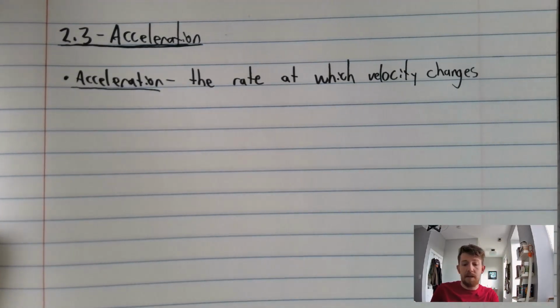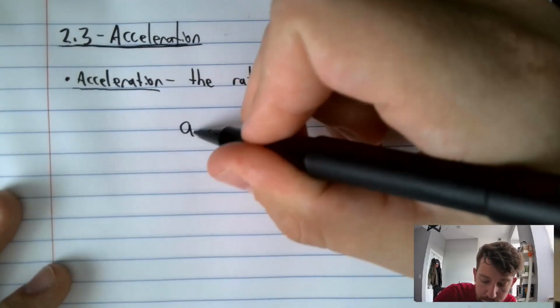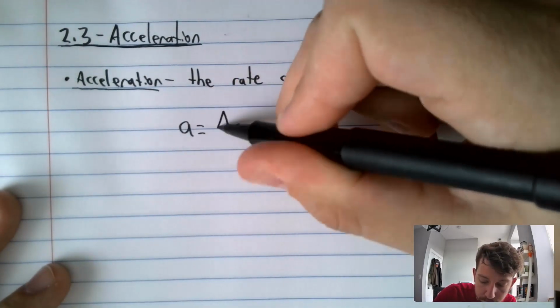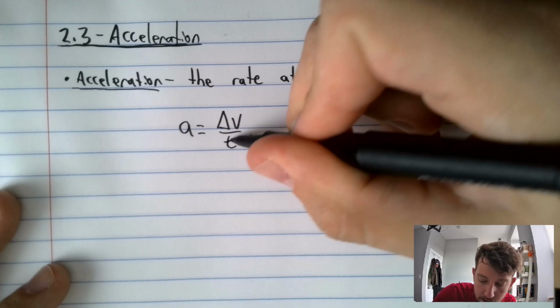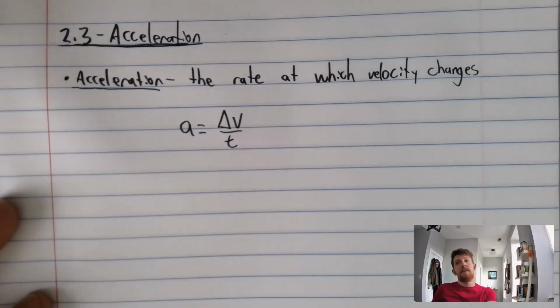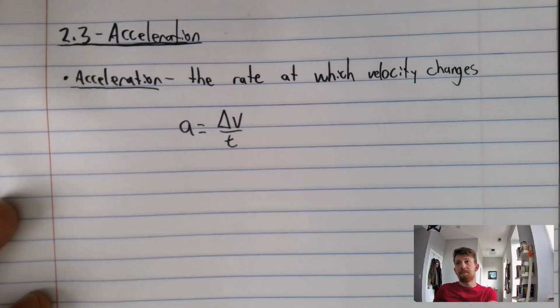The equation for that is A equals delta V over T.